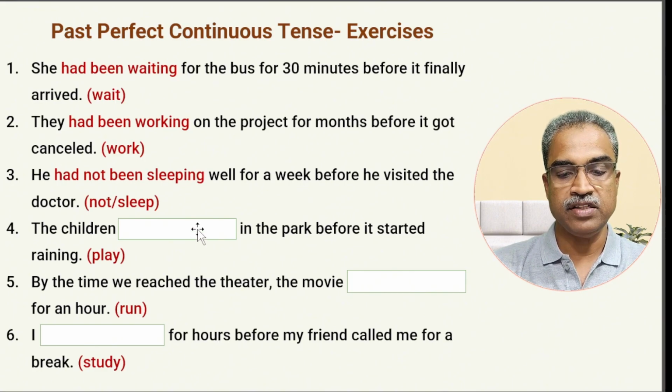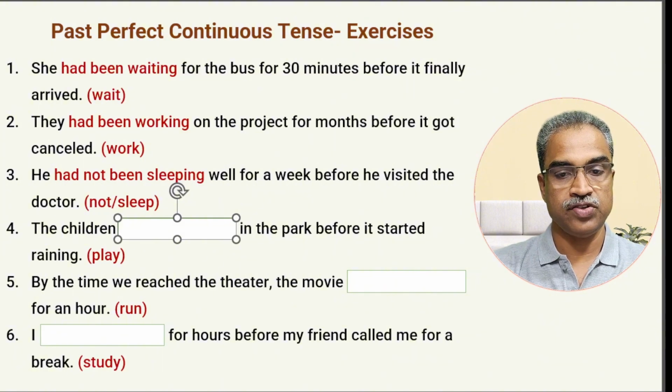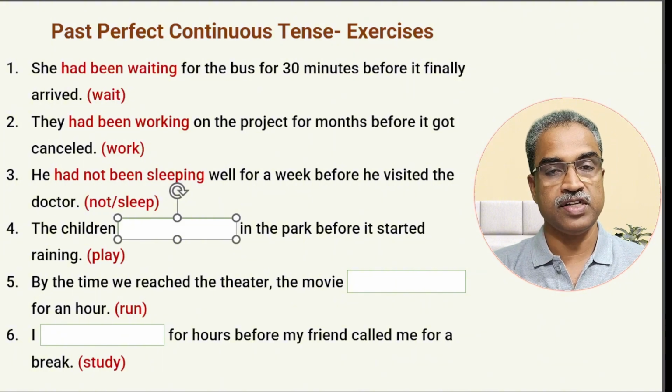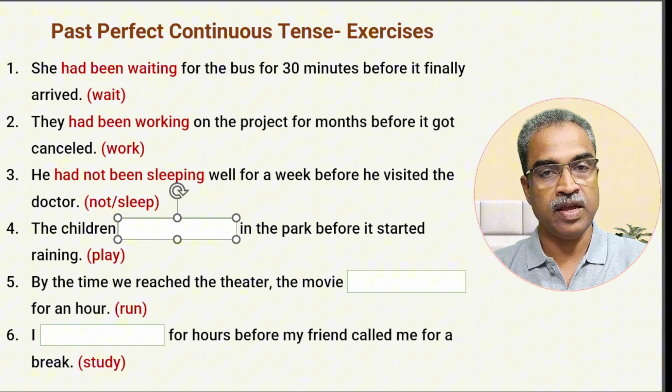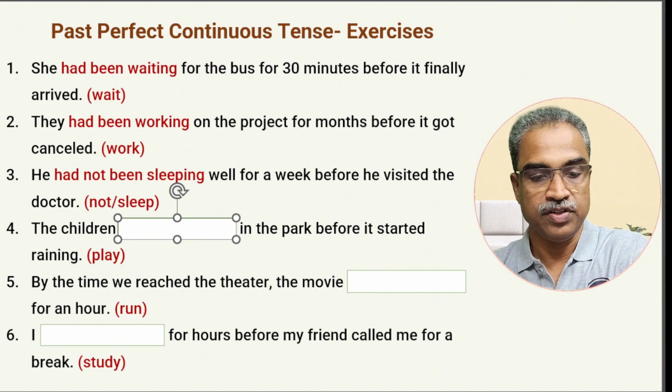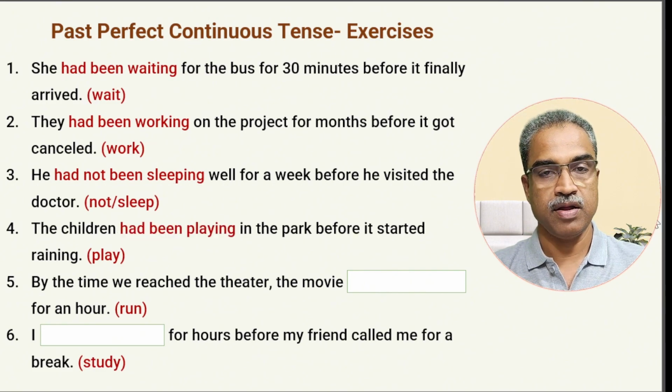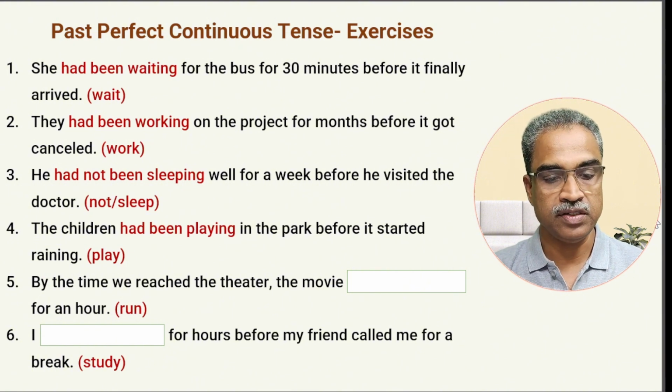The children dash in the park before it started raining. Play. The children, plural. The pronoun that can replace children is they, third person plural. So the children had been playing in the park before it started raining.